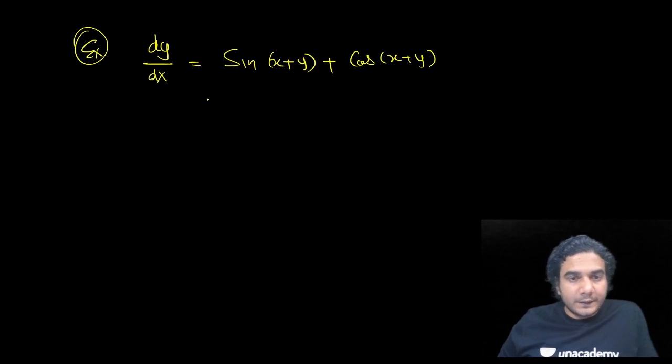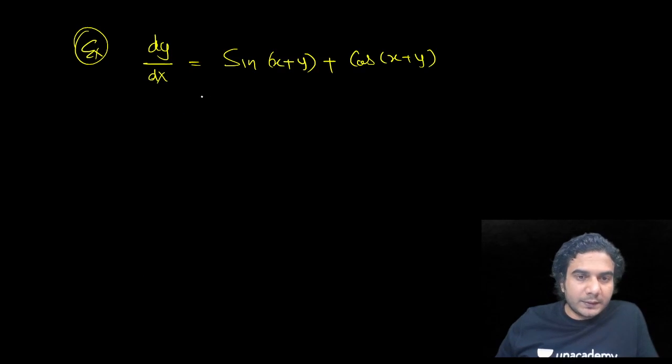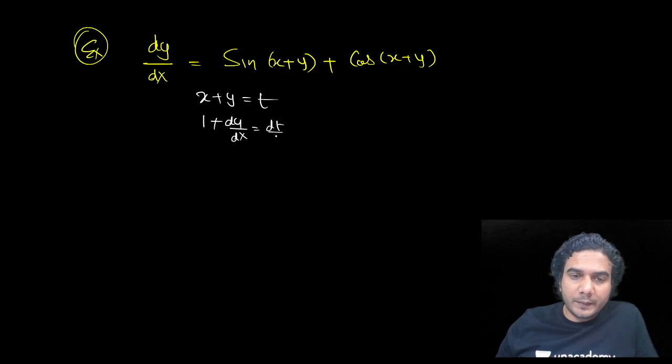Alright, so let's start with the same by putting x plus y is equal to t. So if I put x plus y is equal to t in this, we'll get 1 plus dy by dx is equal to dt by dx. It's very similar to the previous problem. Now I'll get dy by dx replaced by dt by dx minus 1, and this is going to be sine t plus cos t.